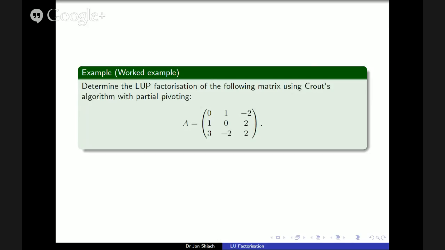Top row's unchanged, the second row becomes the third row, and the third row becomes the second row. But if I do a row swap on A, I also must do it to P. So P is this at the moment, so I need to swap 2 and 3 around on P.